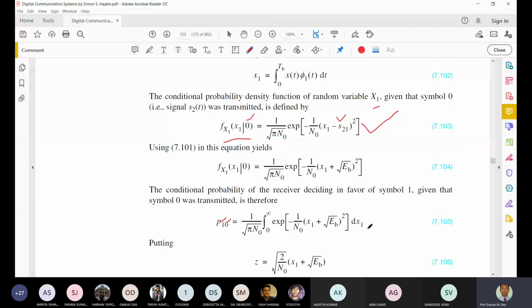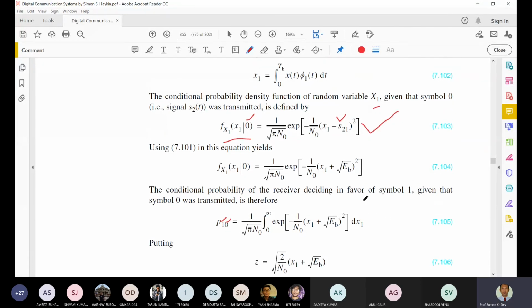So basically we know the probability is the integration of your conditional probability density function. If we do the integration of the conditional probability density function, then it will give us the probability. So we are doing the integration for this function with respect to x1.